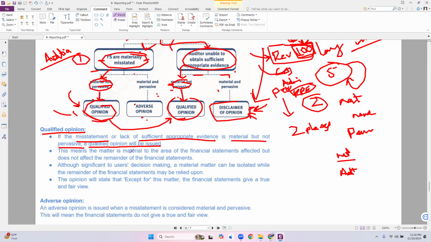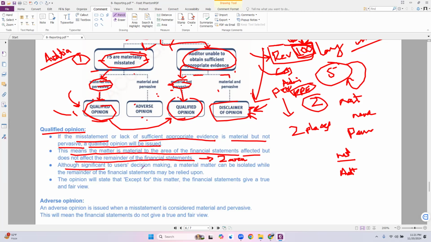Yes, this means the matter is material to the area of financial statements affected, but does not affect the remainder of the financial statements. As a general rule of thumb, for double A, I've told you two areas. If more than two areas are being impacted, the matter is pervasive. If less than or equal to two areas, the matter is not pervasive.